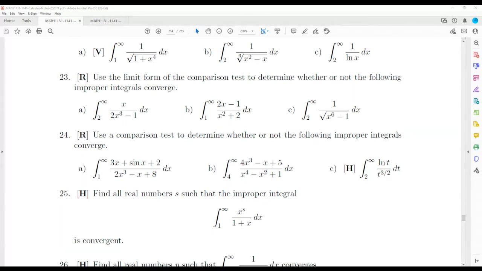Yeah, if you look carefully, the highest power in the top is 1. The highest power in the bottom is x squared. So this will kind of behave like 1 on x. Okay, and so 1 on x, the integral of that diverges. So I would think that this one diverges. Okay, so let's have a look, and we can do it on paper and see if we're correct.